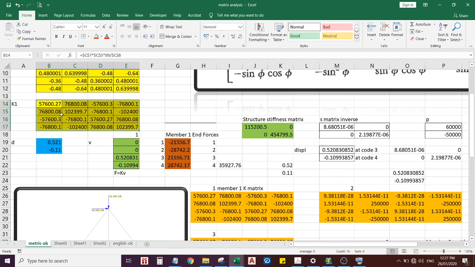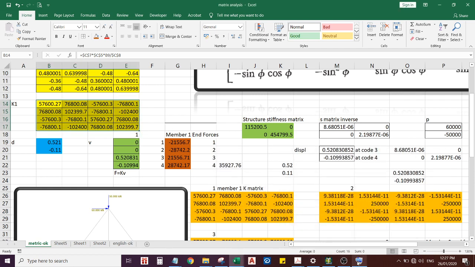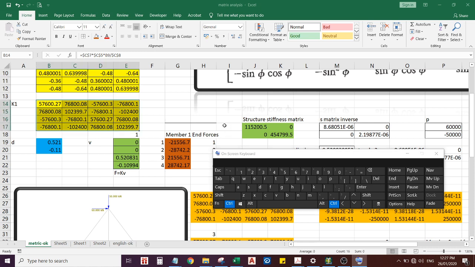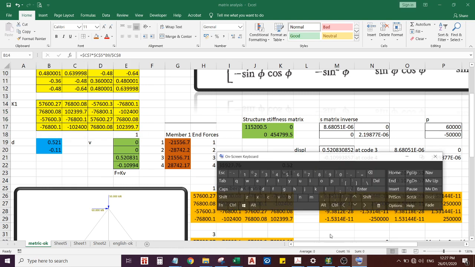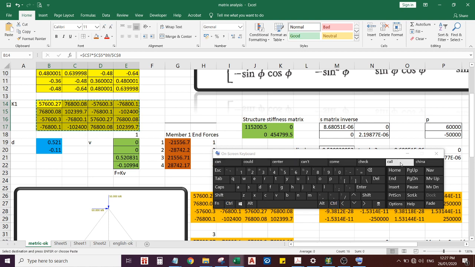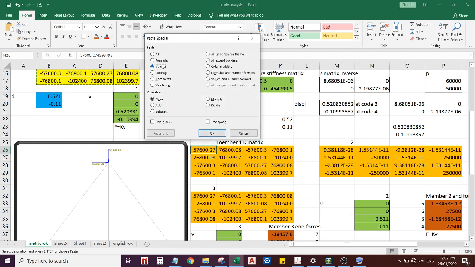And what I will do is I'll copy this, Control C. Then I'll copy paste values here, so Alt E S V or copy paste values.